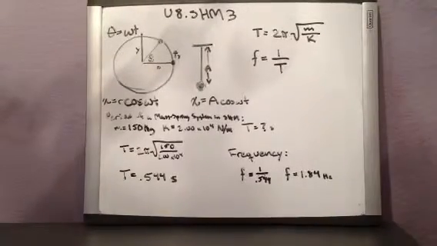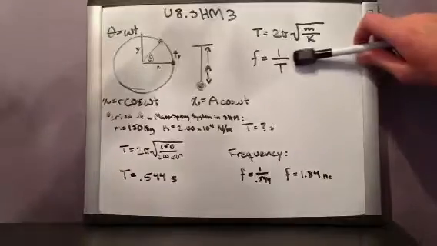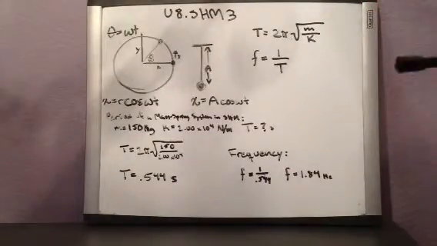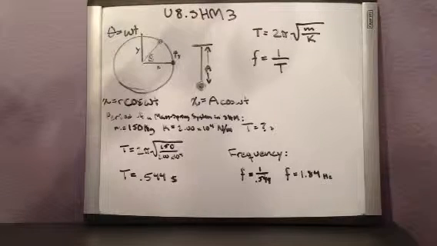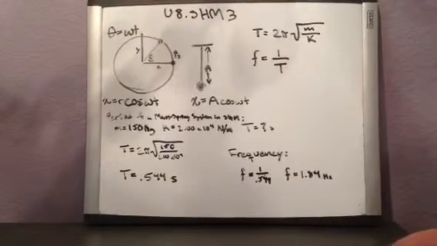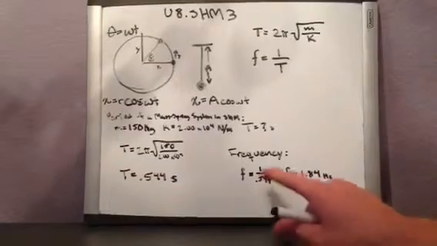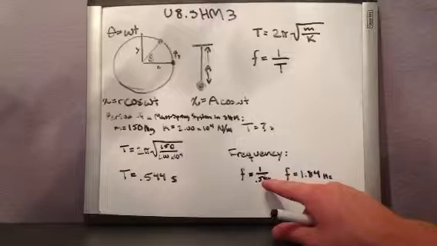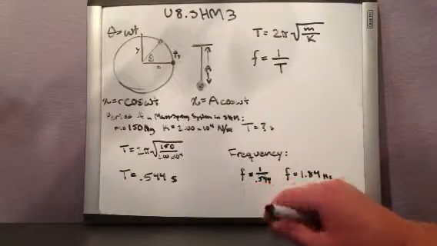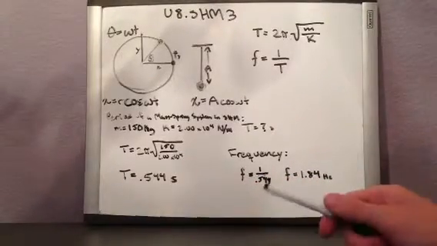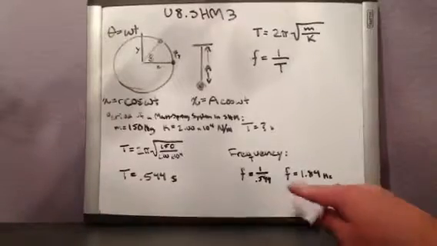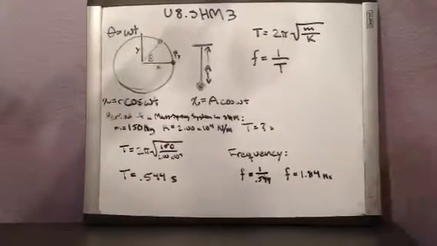So then frequency, which is inversely related to period, would then just be 1 over period, since that is the definition of being inverse. We take 1 over the period, which is 1 over 0.544, and we find that the frequency is equal to 1.84 hertz.